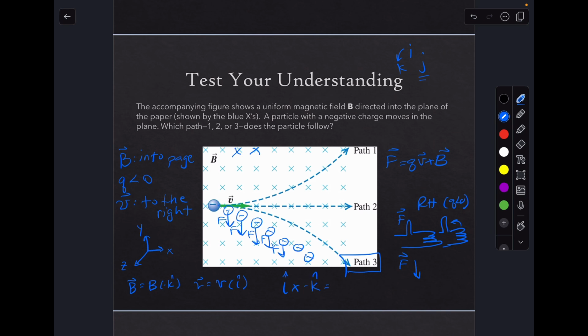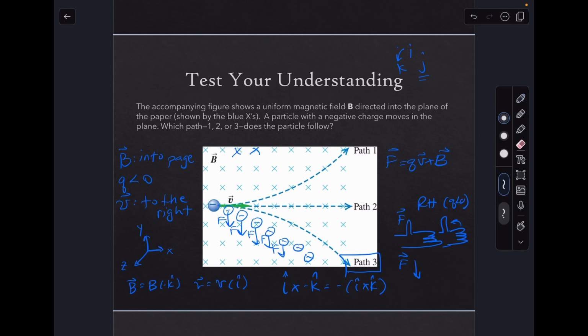If we take the negative out for now, I cross negative K is the same thing as negative I cross K. That's because of the distributive property of negative 1. You can just move the negative anywhere you want, as long as you don't add more.